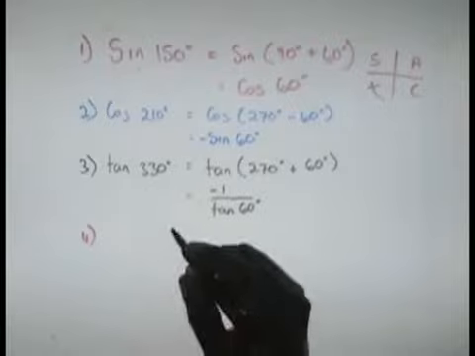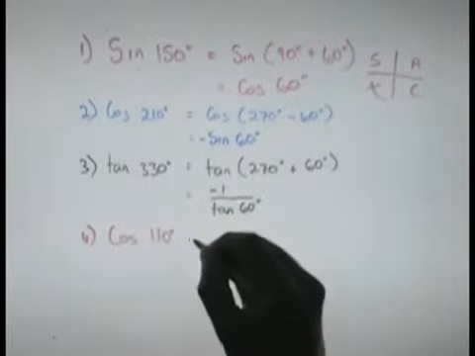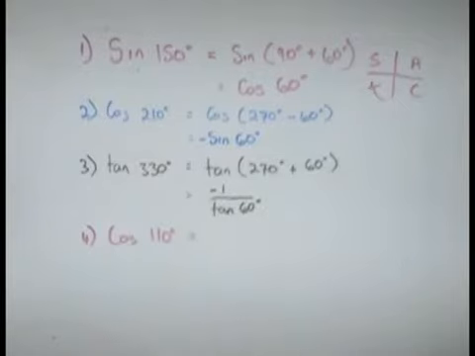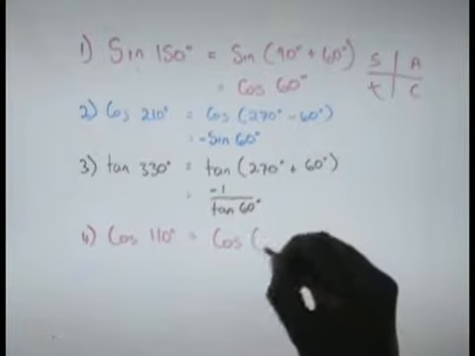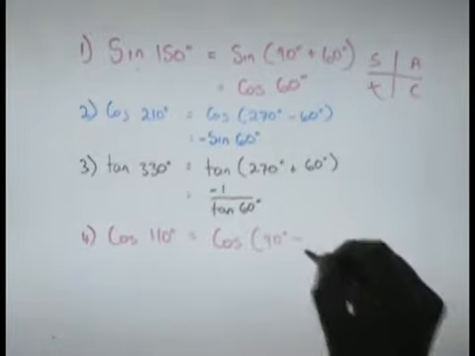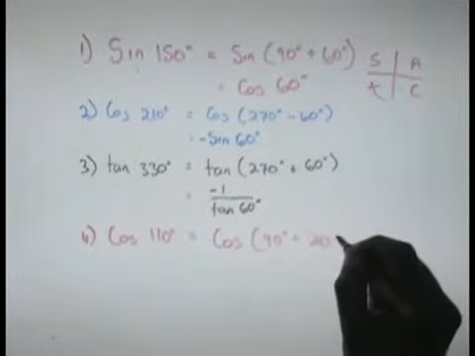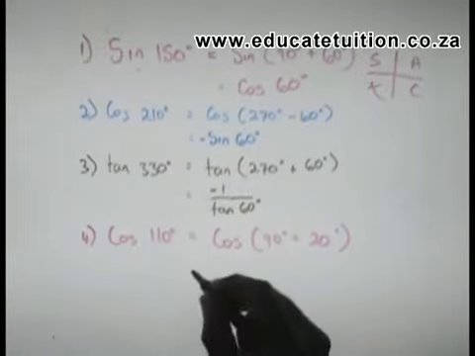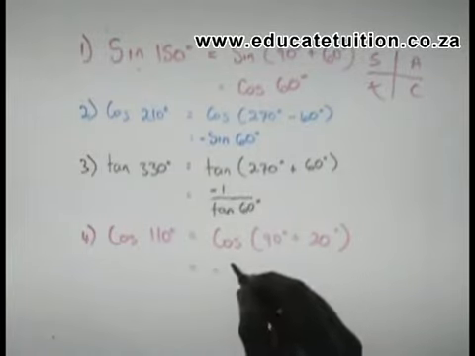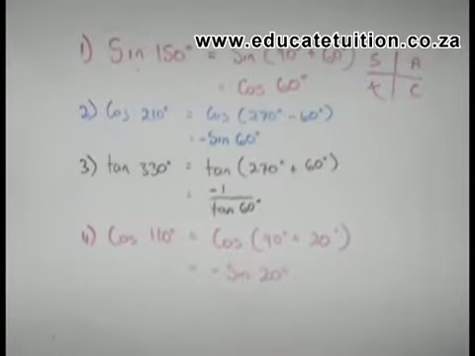Number 4 was cos of 110 degrees. If I'm reducing it off the y-axis, it's going to be cos of 90 degrees plus 20 degrees, which is going to give me negative sine 20 degrees.